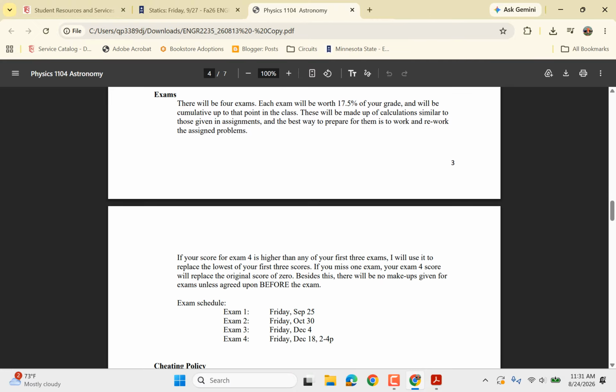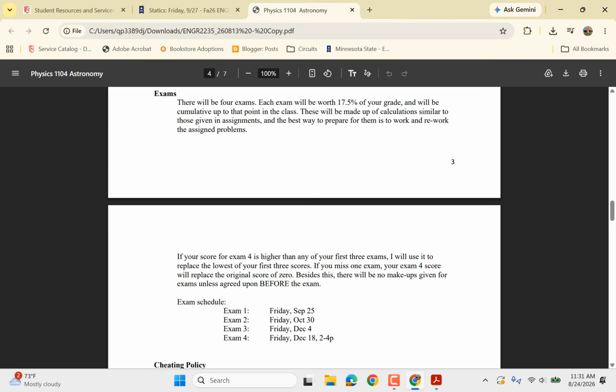And then the vast majority of your grade is going to be based on exams. There are going to be 4 exams. They're all worth the same amount, 17.5% each. Each exam is cumulative. So the best way to get ready for exams is to go back through the daily problems.